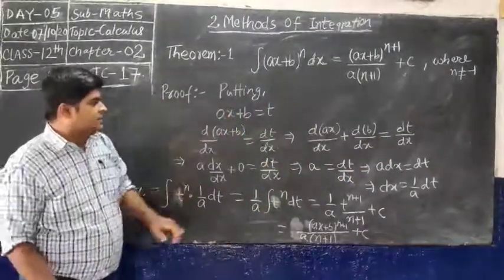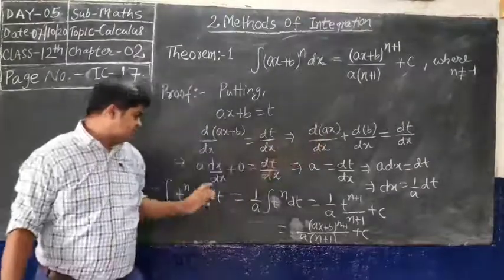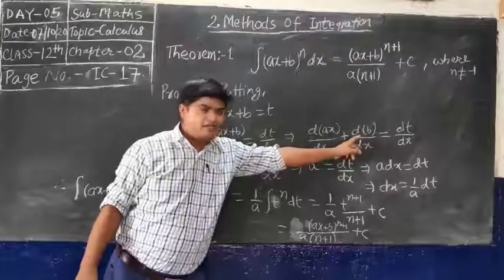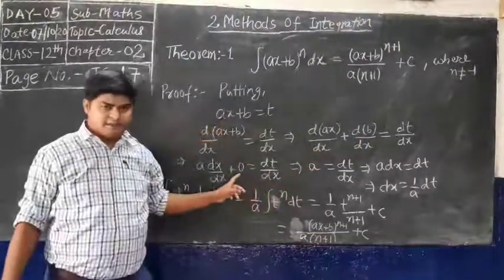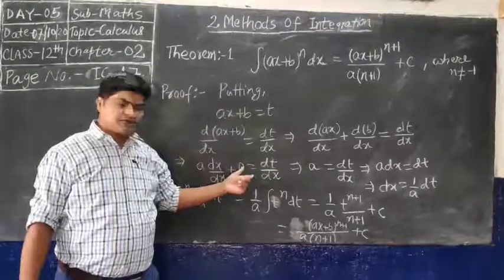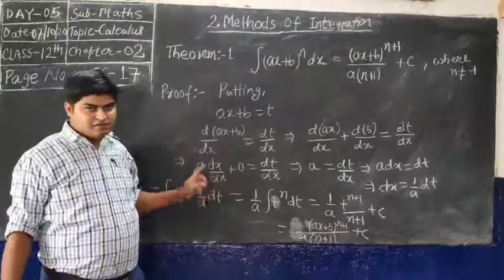Now a is a constant term, so it comes out, and dx by dx remains. So a dx/dx plus, you know, the differentiation of any constant term is 0. So a dx/dx plus 0 is equal to dt/dx, and dx/dx is equal to 1.